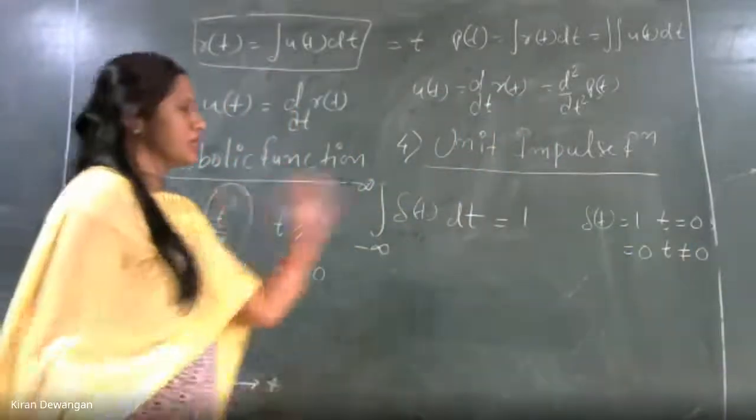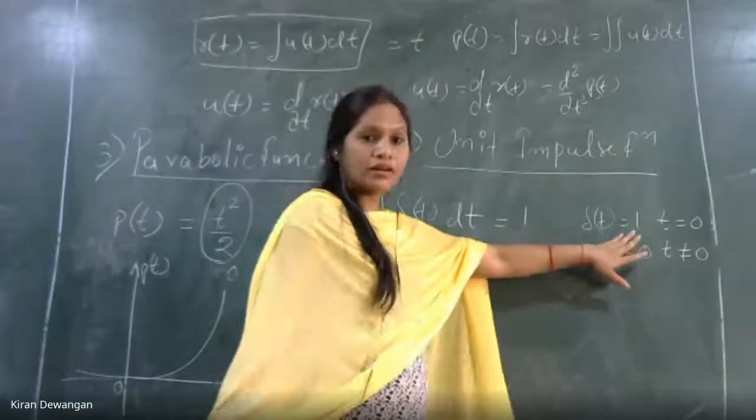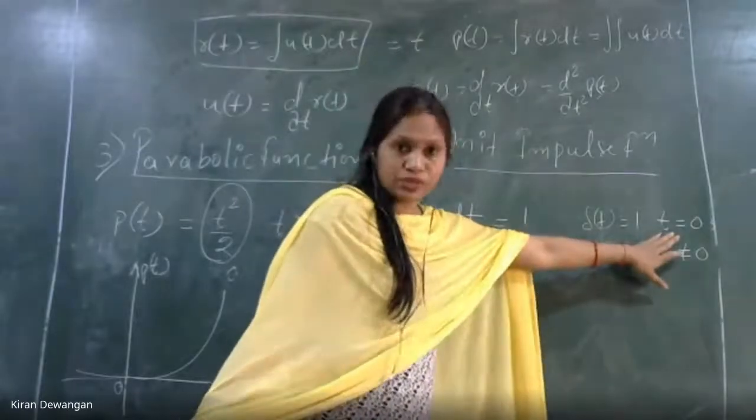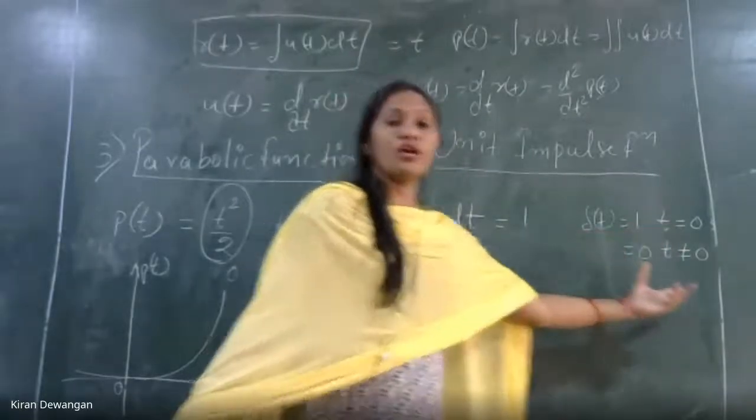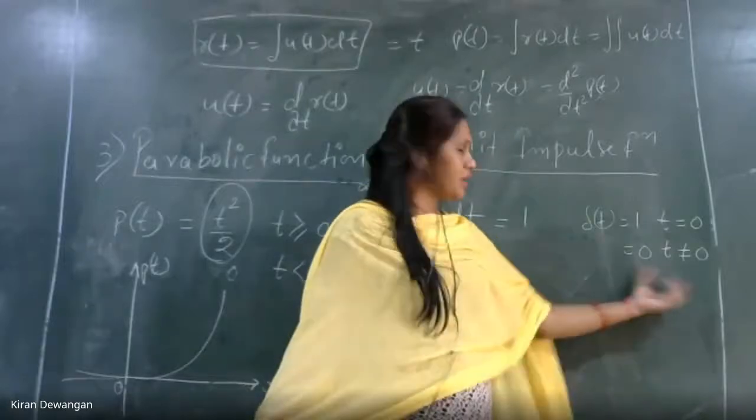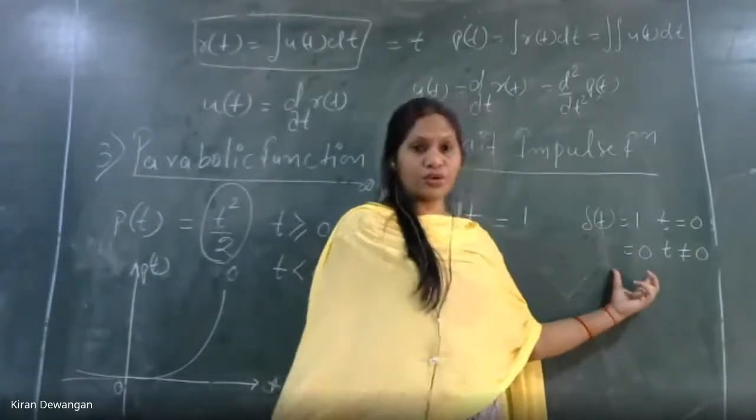That means δ(t) will have the value 1 only at t equals 0 and for all non-zero values of t, δ(t) is 0.